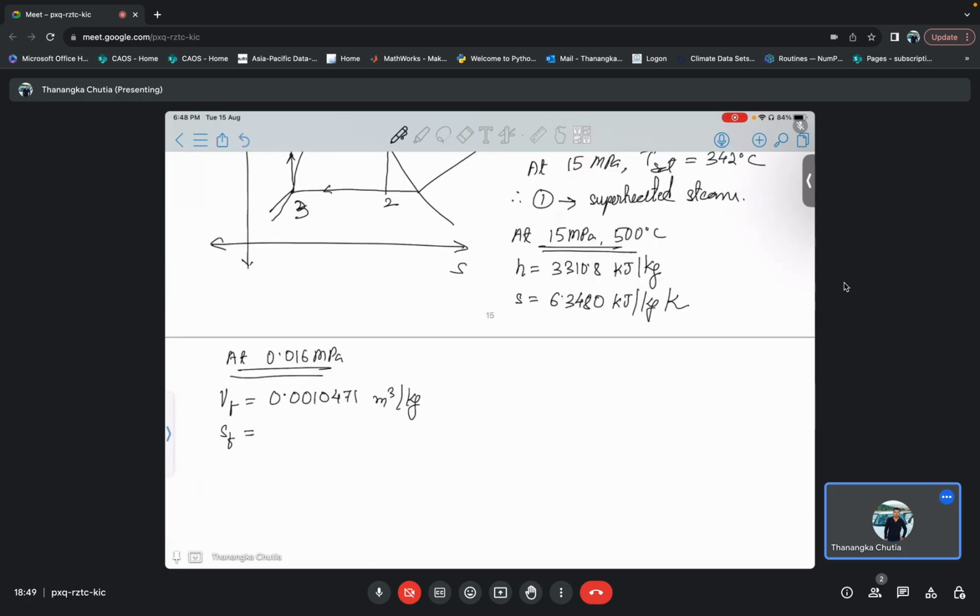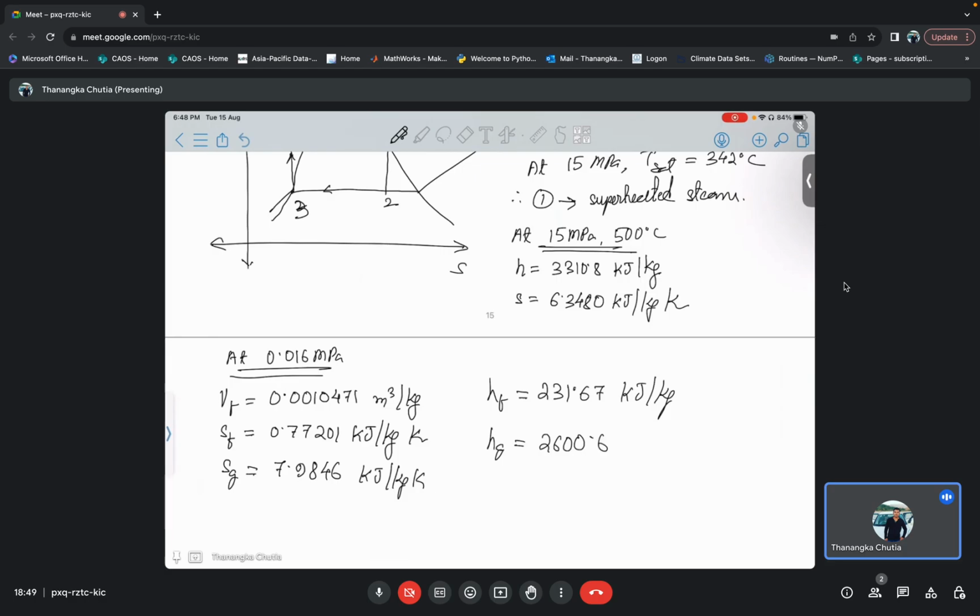Sf is equal to 0.77201 kilojoule per kg Kelvin. My Sg is equal to 7.9846 kilojoule per kg Kelvin. My Hf is 231.67 kilojoule per kg, and my Hg is 2600.6 kilojoule per kg, okay.